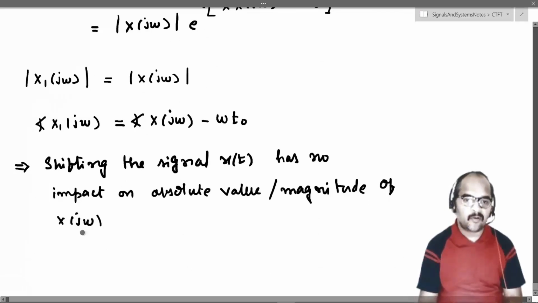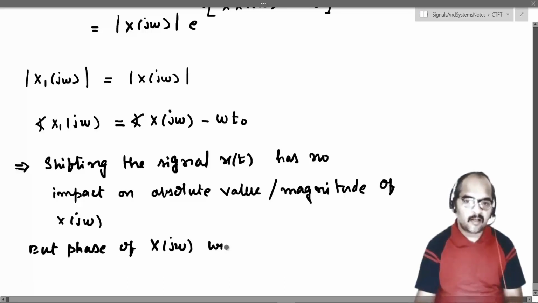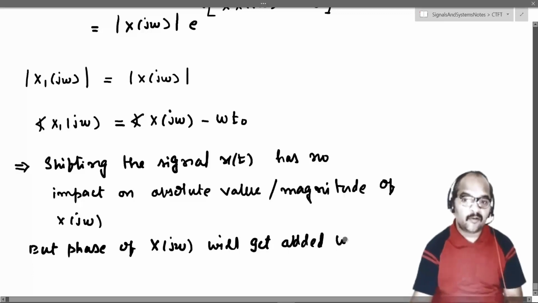But the phase of X of j omega will get added with, only the phase will change, that's what it means. Added with whom here? Minus omega t naught.